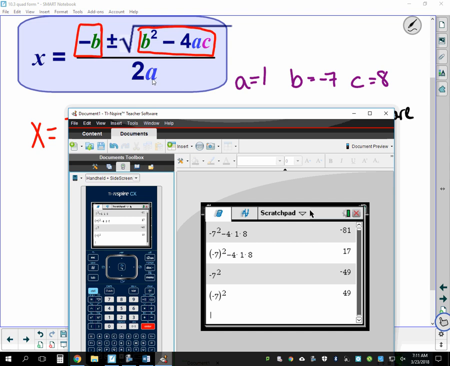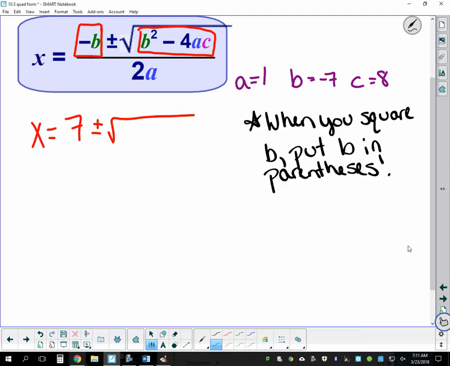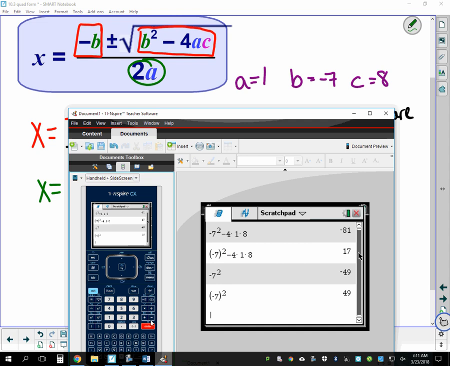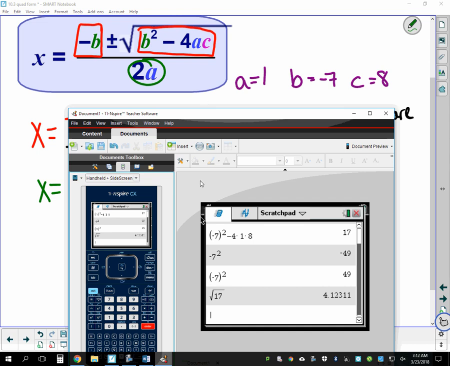Okay, so that was the next chunk I did, b squared minus 4ac, the correct one, 17. So I'm putting that in under my radical. The last chunk that I do is the bottom, which is just 2 times a, and 2 times 1 would give me 2. So I first did these 3 chunks. The next thing I'm going to do is calculate the square root of 17, and we're going to round to the nearest hundredth unless it tells you something differently.